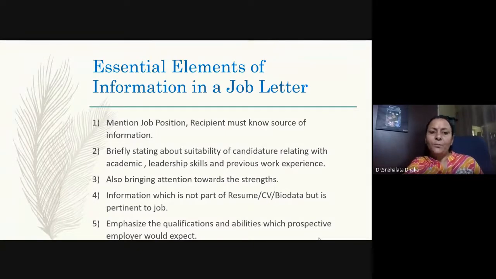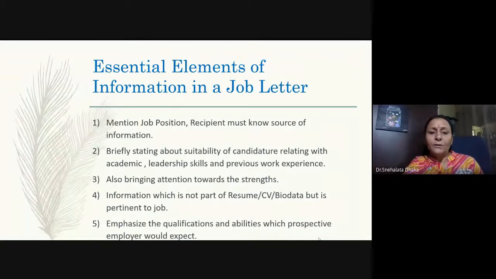Then the second point, briefly stating about the suitability of the candidature relating to academic, leadership skills, and previous work experience. But here one has to take care of how smartly the person will explain his or her academic, leadership, and previous work experience information, because already this information is provided in detail in the resume or the CV which is attached with that cover letter.